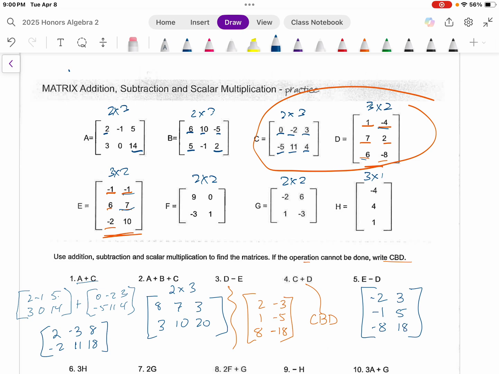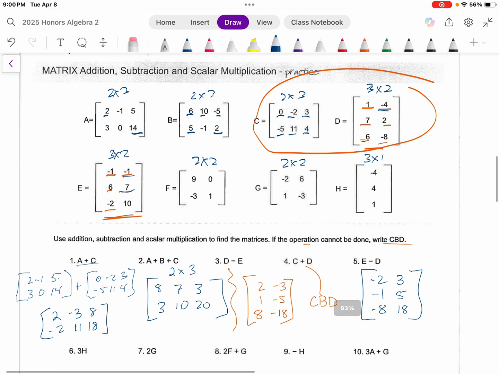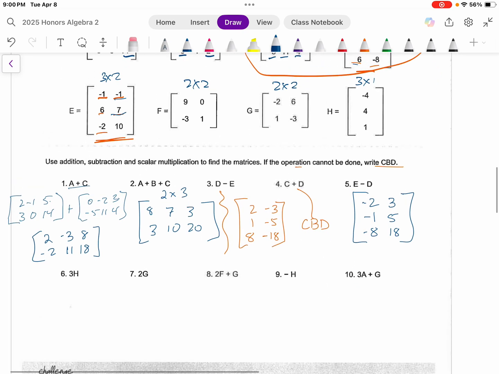Okay. So now we look at what happened here: by changing the order, it was basically the same numerals, just opposite signs. But again, they're not equal. They're different. So, all right, now they ask us on number 6, do 3 times matrix H. So that's where I get to do 3 times each of the numbers.